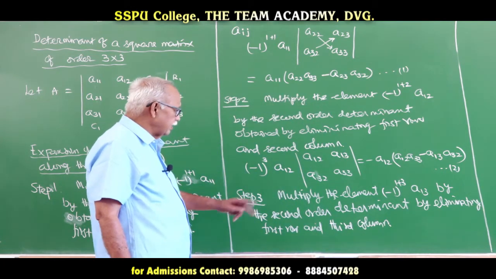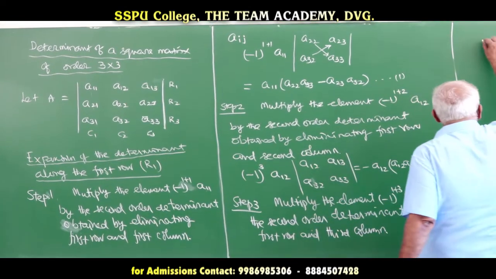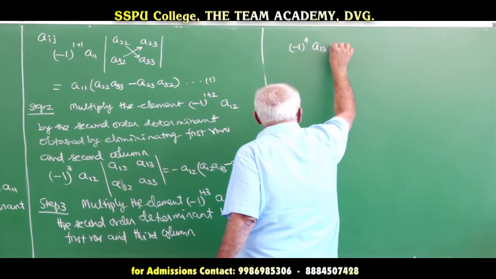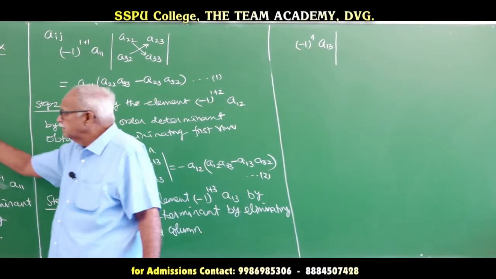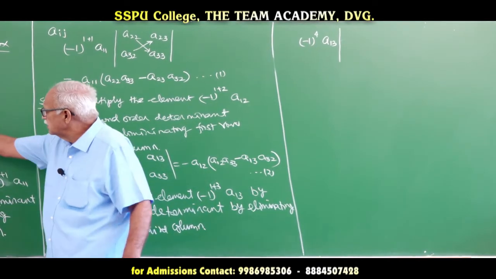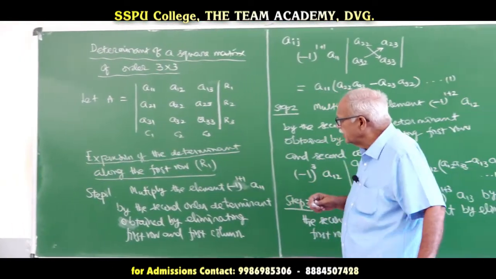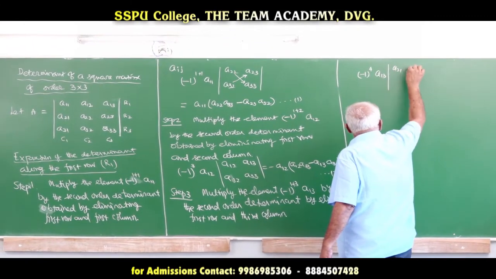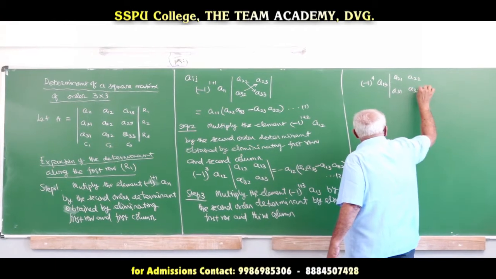Now I will write the result for this. The multiplication here is minus 1 whole power 4 into A13. The determinant obtained by eliminating the first row and the third column gives A21, A22, A31, A32.